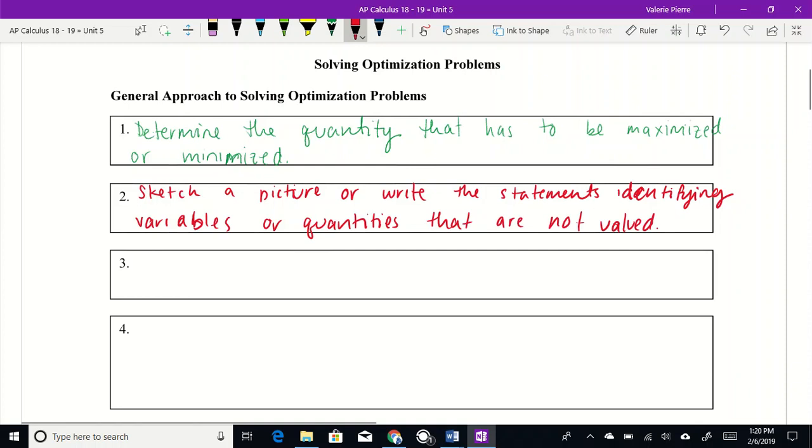Right, so basically sketch a picture identifying the variables, right? So not just the constant values, but the variables as well.